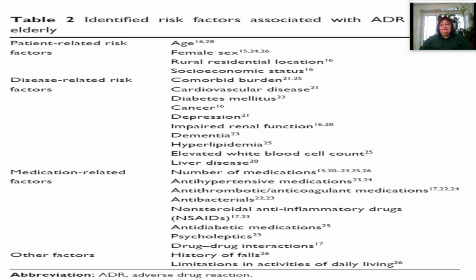What kind of medication? Antihypertensive medication, antithrombotic and anticoagulant medication, antibacterial medication, non-steroidal anti-inflammatory drugs, anti-diabetic medication, and psycholeptics as well.